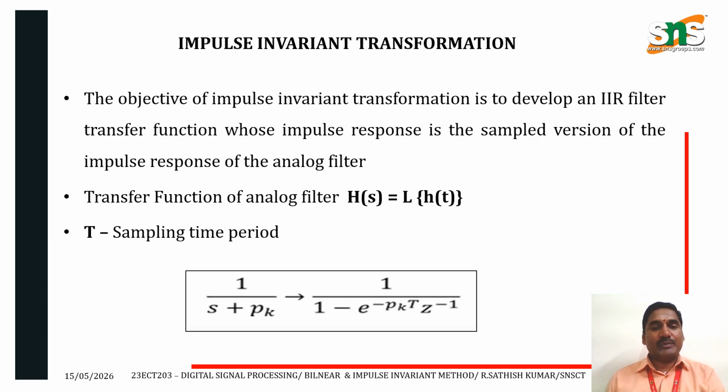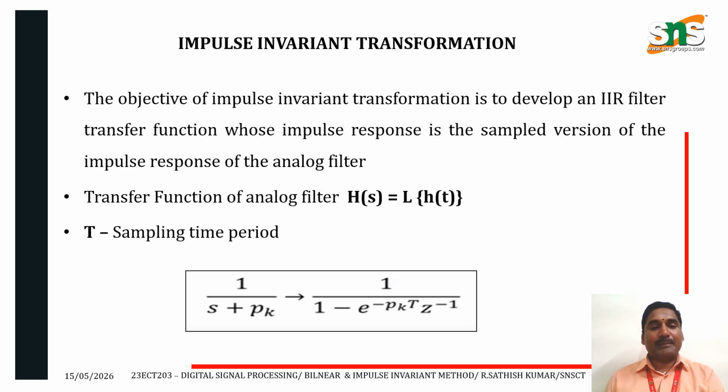Next one, impulse invariant transformation. The objective of impulse invariant transformation is to develop an IIR filter transfer function whose impulse response is the sampled version of the impulse response of the analog filter. Transfer function of analog filter H(s) is equal to the Laplace transform of h(t). It can be defined as 1 divided by (s plus pk) is equal to 1 divided by (1 minus e power minus pk T into z inverse).